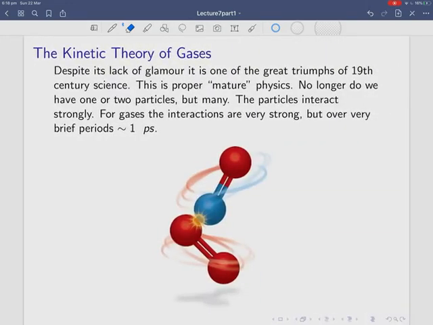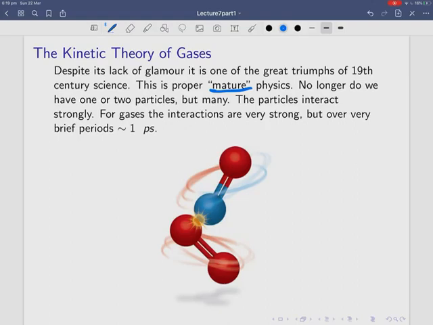So, we're going to start dealing with the kinetic theory of gases, which most of you have already understood before and which you've seen previously in this course. This is one of the great triumphs of the 19th century science, and it's proper mature physics. We don't have only one particle or two particles, but many, many particles interacting very, very strongly.